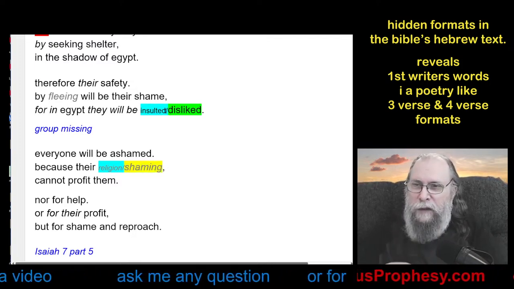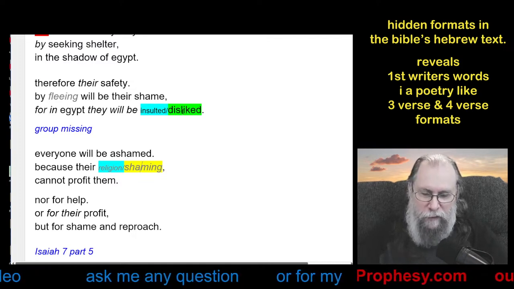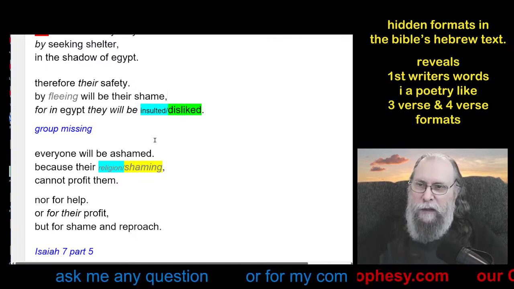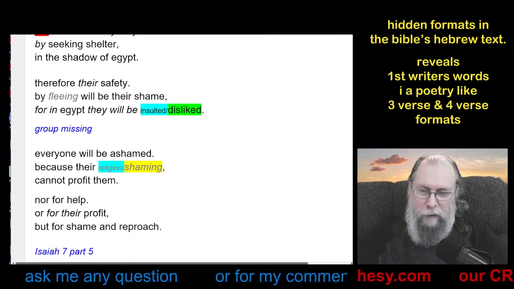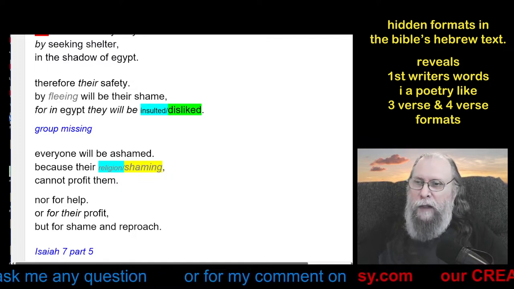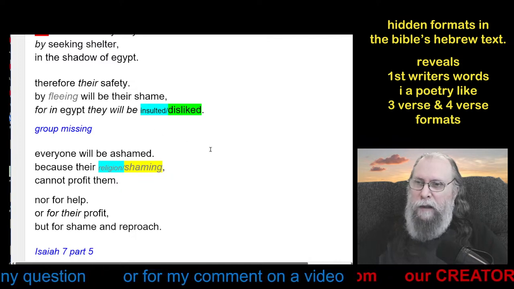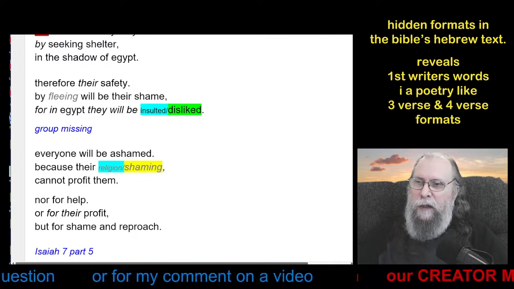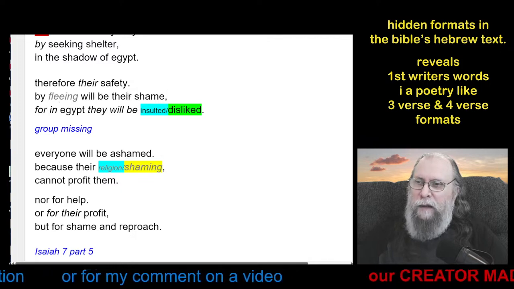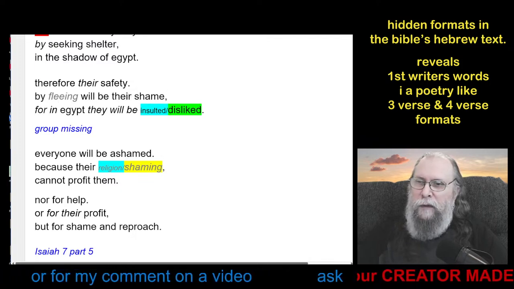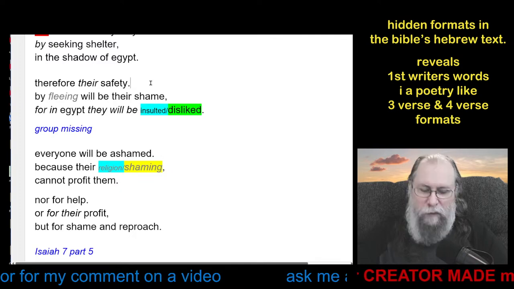So insulted to disliked, I thought it was close enough that it doesn't need to be put into gray italic, and then there'll be words like this that show you I added that. But you notice none of the other words are italic. Here they are, and here they are. Those were ones that I've done before.